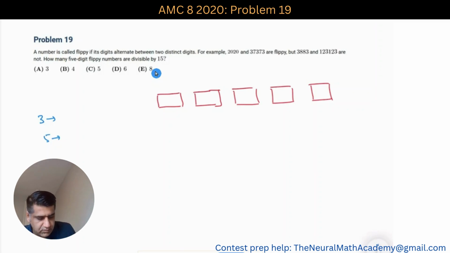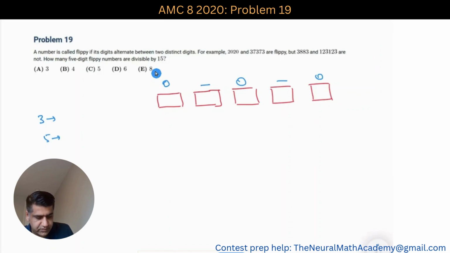So if I write, for example, 0 here, then this number will not be a possibility, because this is basically a 4-digit number.